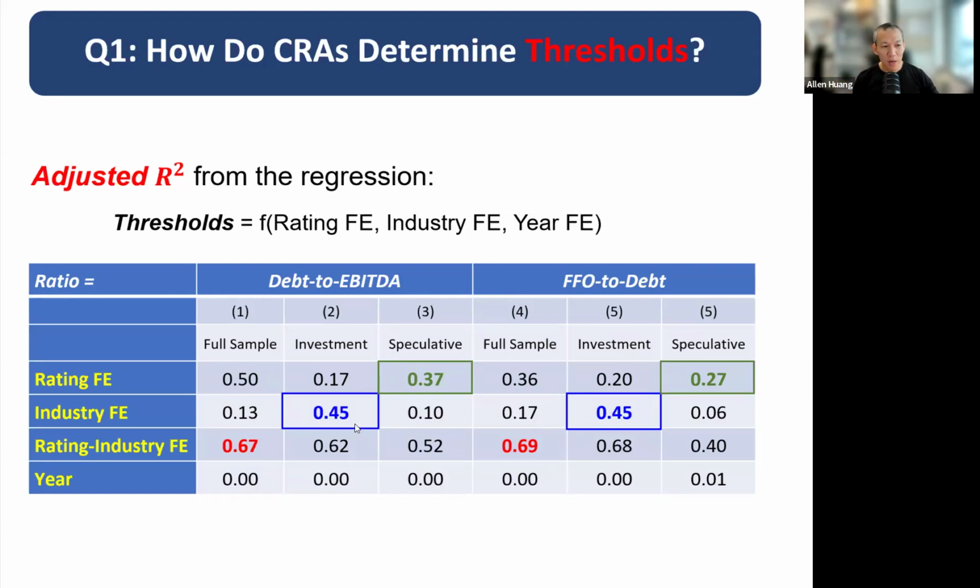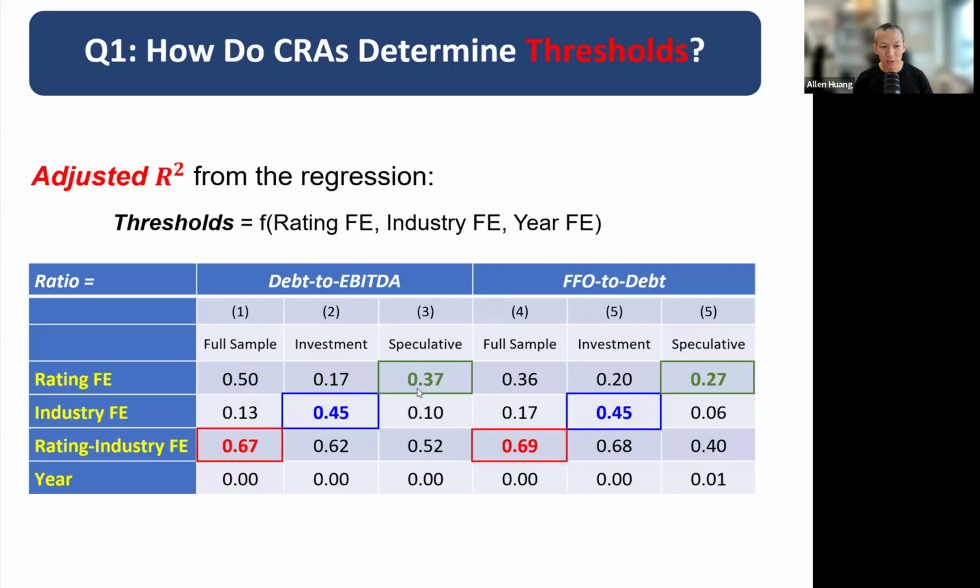But even if you combine the two here, if you look at the rating times industry fixed effects, which should explain all of the variation if these thresholds are mainly determined by formulas by S&P, it only explains about 2/3 of the variation in these ratios.